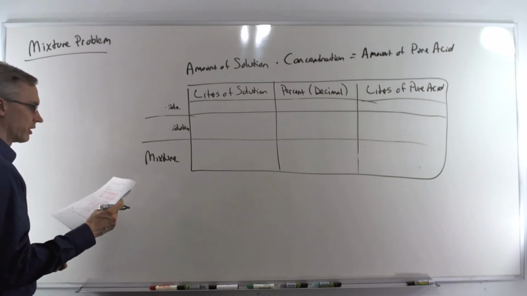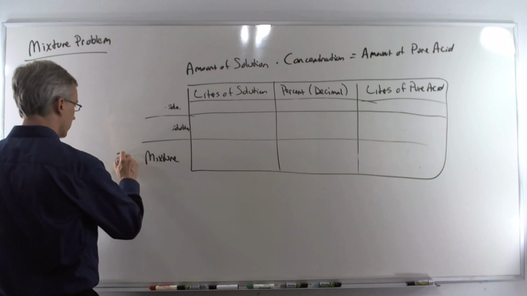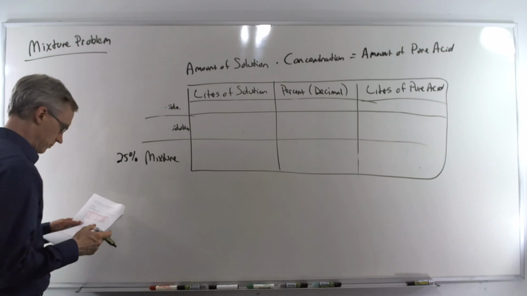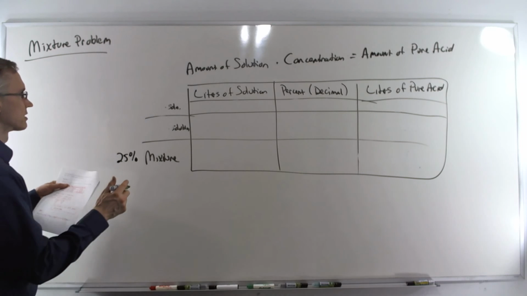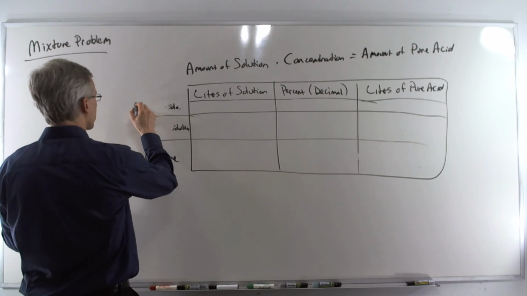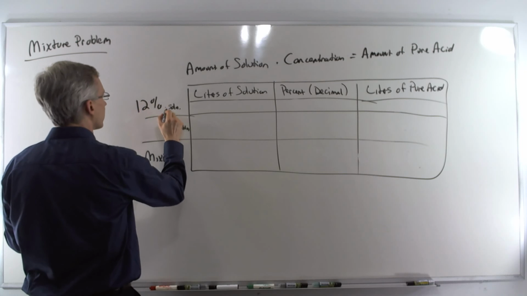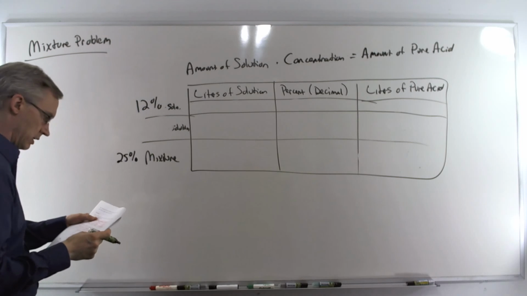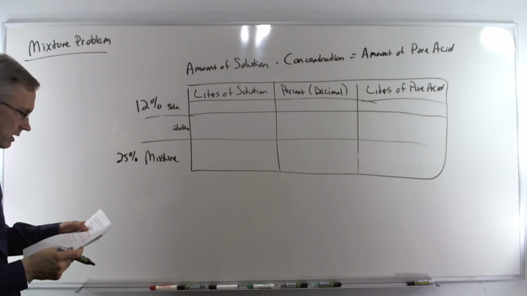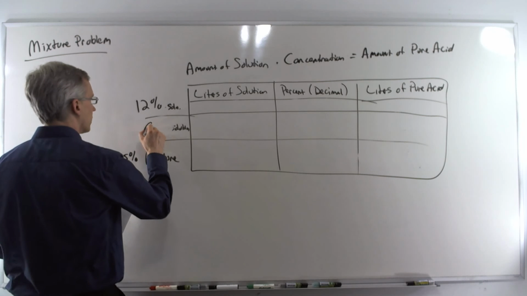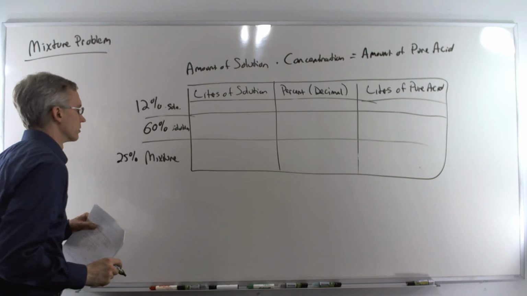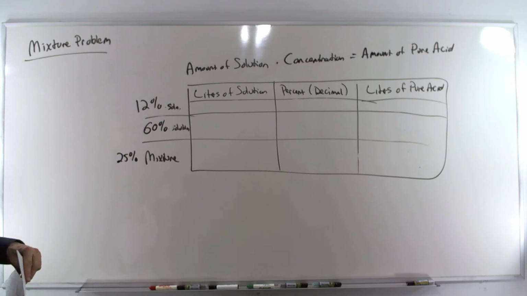So our goal is a 25% acid solution. There's 6 liters of 12% solution, so we got 12% here. And we're going to add in a 60% solution. All right, so I'm going to write in the decimals.